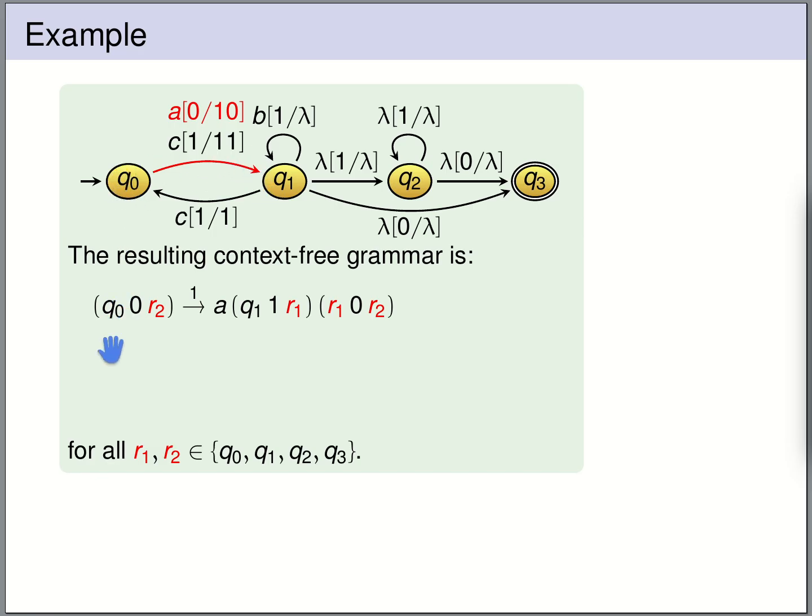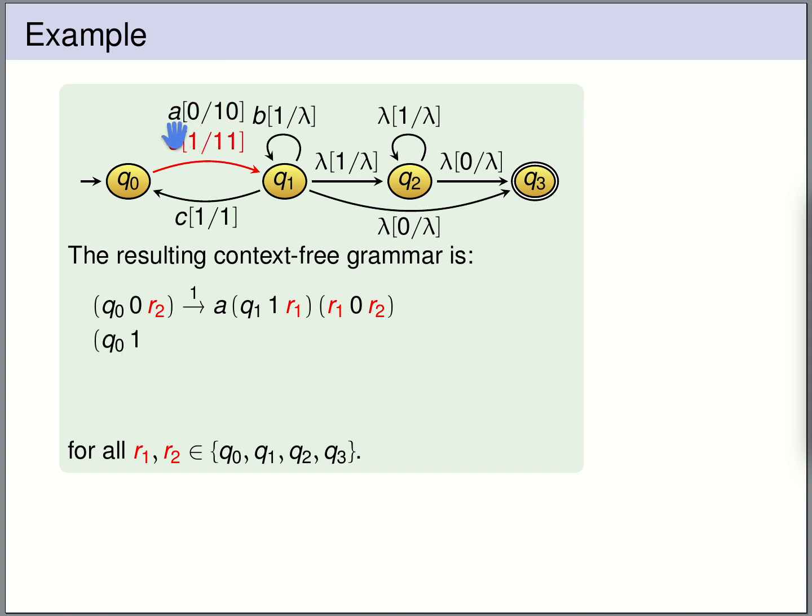Now instead of starting our path from Q0, we start the path from Q1. From Q1 we go via the stack symbol 1 to some intermediate state R1, and then once the stack symbol 1 has been removed and we are in R1, then from R1 we go via the stack symbol 0 to our final destination R2.